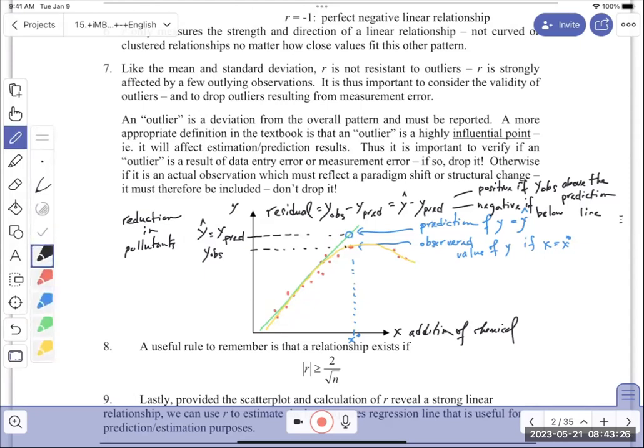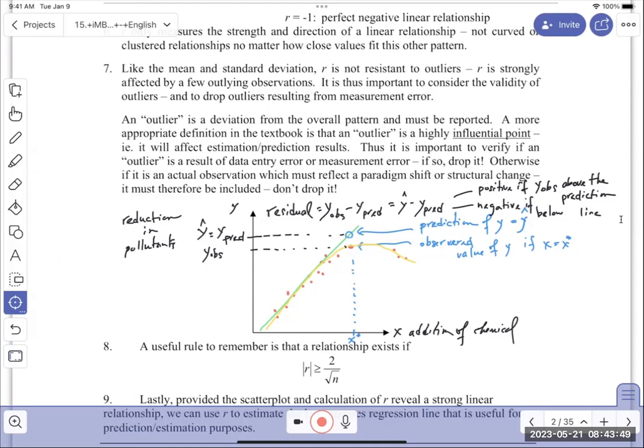Because those differences, if we add them up to minimize them, you think about taking the residuals between observations and the position it would be on the line, and this one would be a negative, and we would add it to ones above, those would be positives, and they would actually cancel each other out.